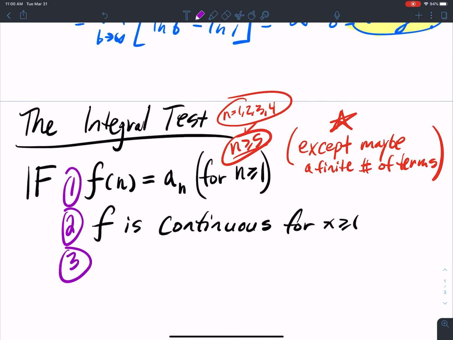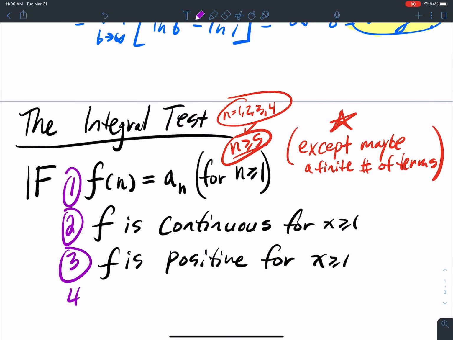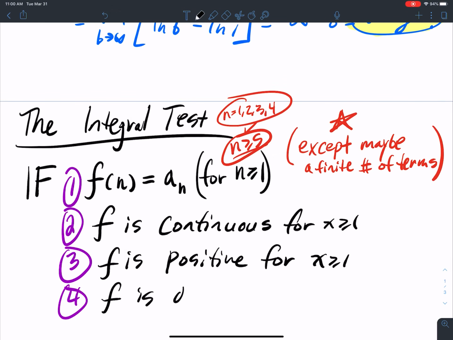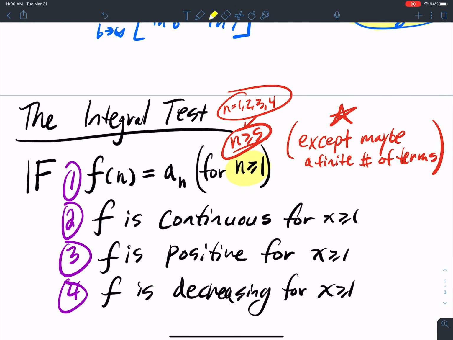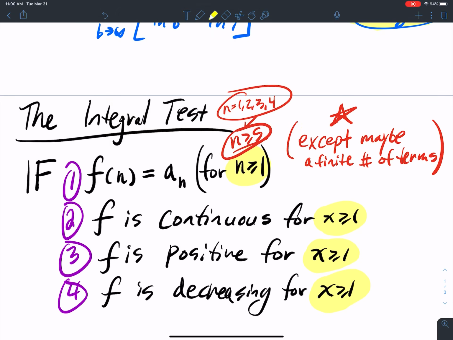Number three, f is positive for x greater than or equal to 1. And number four, f is decreasing for x greater than or equal to 1. And the same rule applies here, so except maybe a finite number of terms.